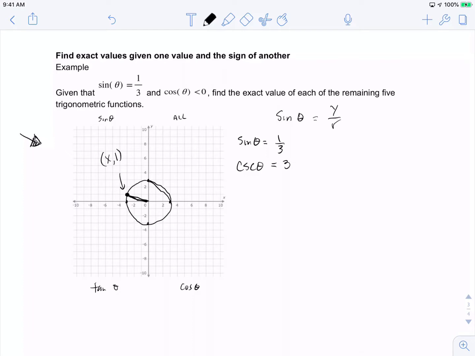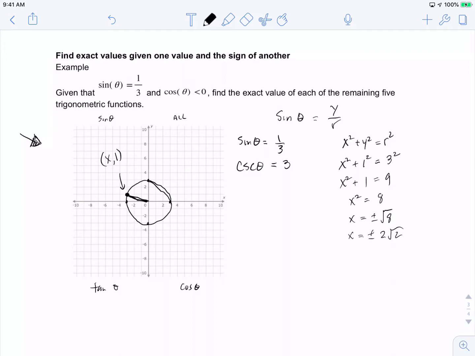Now, if we remember what a circle is, x squared plus y squared is equal to r squared. Well, we know a lot of information here. I don't know the x squared, but I do know that y is 1, so that's squared, and we know the radius is 3, so that's squared. That's going to give us x squared plus 1 is equal to 9, so x squared is equal to 8, and x is equal to plus or minus the square root of 8, which is plus or minus 2 radical 2.